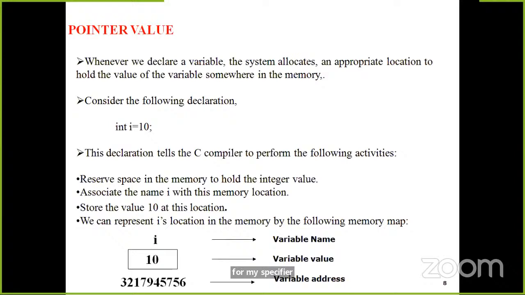Why do we need to use percentage u? Because it is an unsigned number. Percentage d may be any integer, signed as well as unsigned, both it will accept. But here, for an address, it is only percentage u.